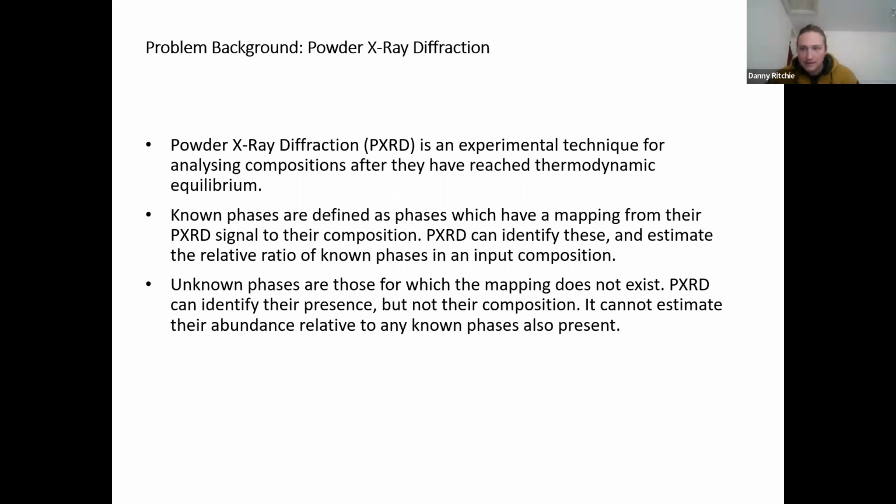So a database exists, and if that known phase is present in a sample, then the PXRD will identify that, it will know its composition, and additionally, it can estimate the relative ratio of multiple known phases in an input composition. On the other hand, unknown phases are those for which the mapping does not exist. PXRD will still be able to tell you that there's an unknown phase present, but it will not know its composition, and it will not be able to estimate its relative ratio to any of the known phases.